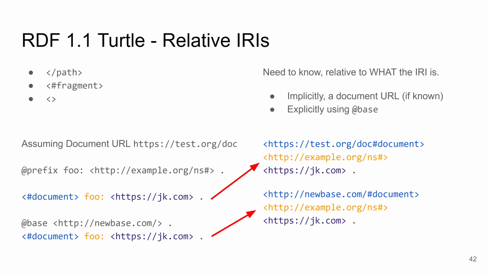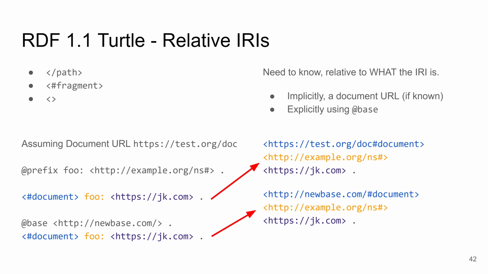Now, we need to talk about relative IRIs. These work the same as, for instance, relative paths in your file system. So sometimes it is not convenient to state always the full absolute IRI, starting with HTTP and so on.